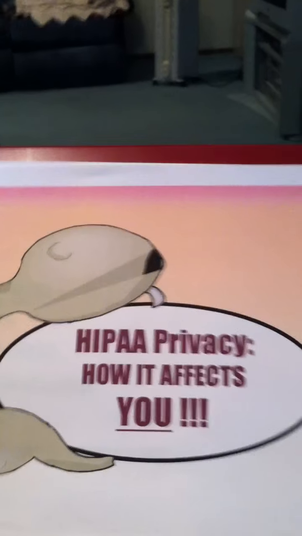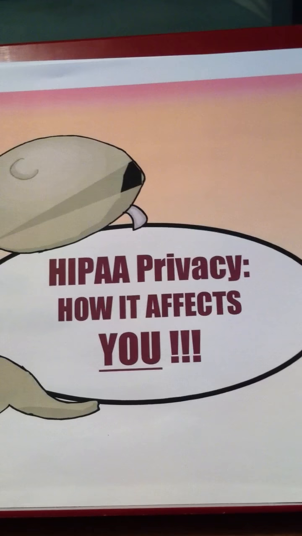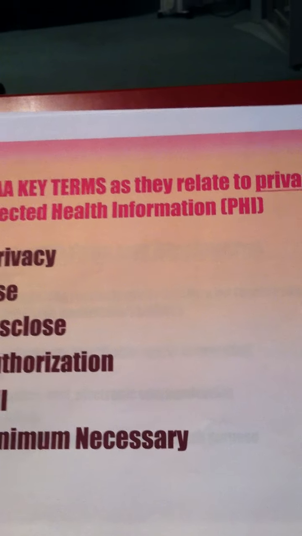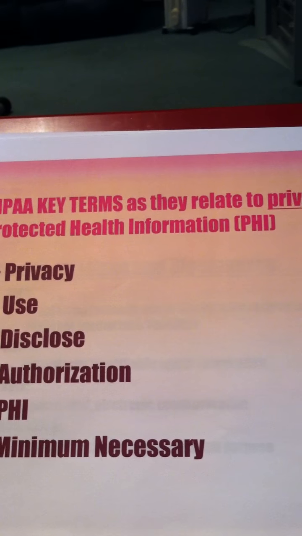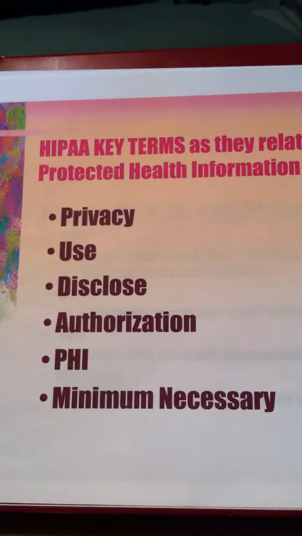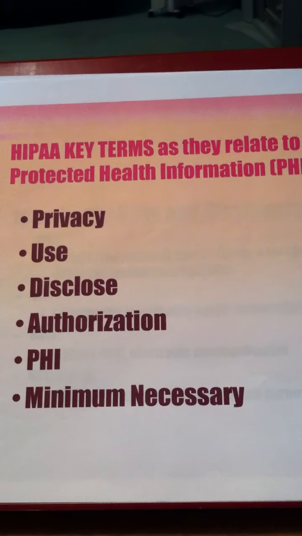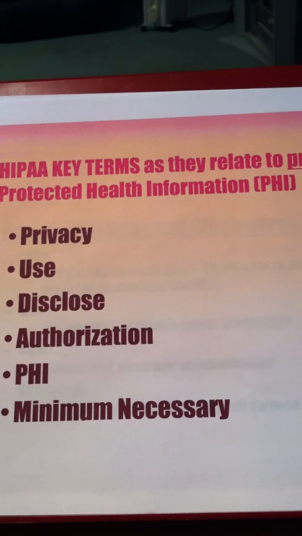What is HIPAA? HIPAA is the Health Insurance Portability and Accountability Act of 1996. Key terms for HIPAA: privacy, use, disclose, authorization, PHI, and minimum necessary.